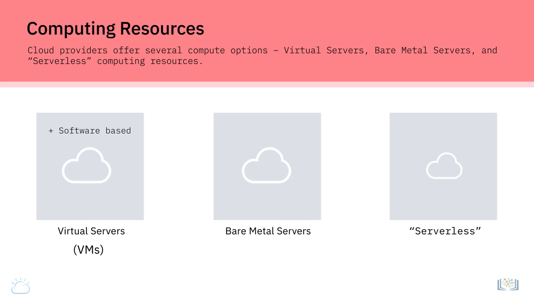Other servers in the racks are bare metal servers that are physical servers that aren't virtualized. Customers can provision VMs and bare metal servers as and when they need them and run their workloads on them. Cloud users can also run their workloads on serverless computing resources, which are an abstraction layer on top of virtual machines. We will talk about all three compute options in greater detail in subsequent videos.